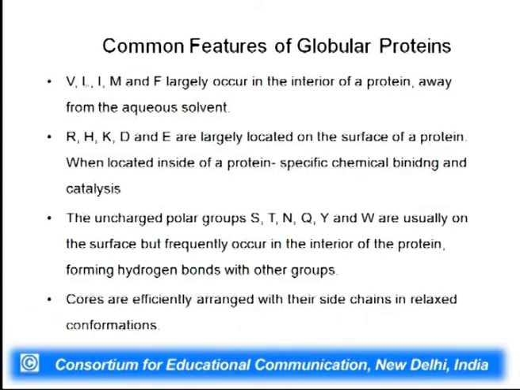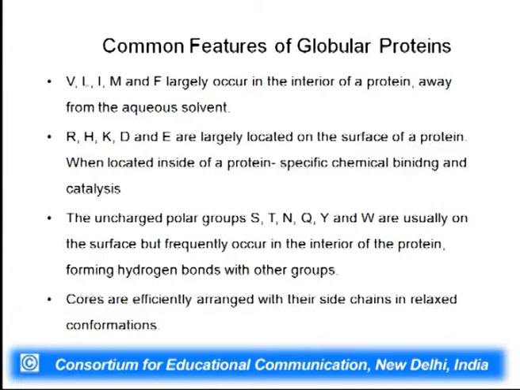The uncharged polar groups such as cysteine, threonine were also on the surface, but they were frequently found on the interior of the protein. So, if you look at the tyrosine and tryptophan, they are having some uncharged polar groups such as the OH group, also found in serine, threonine.